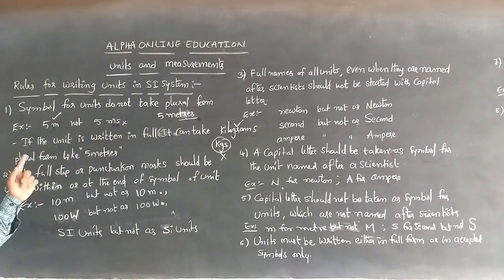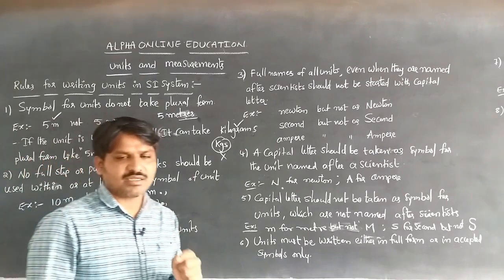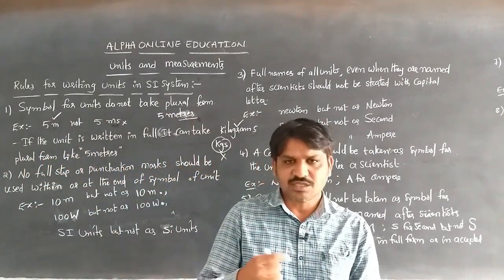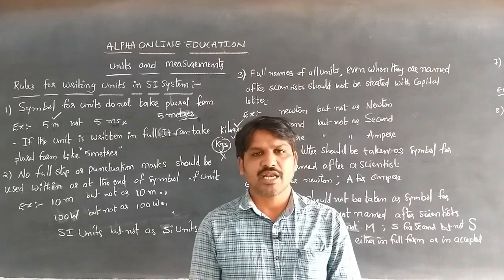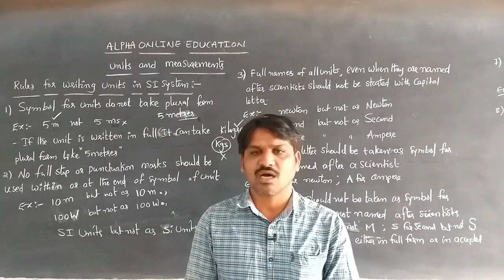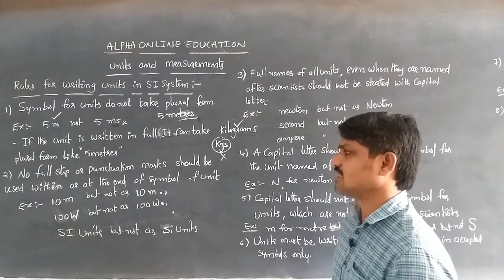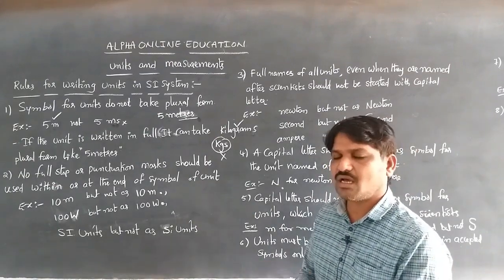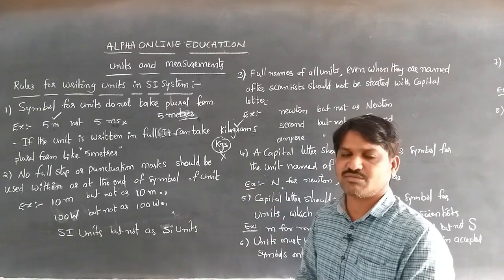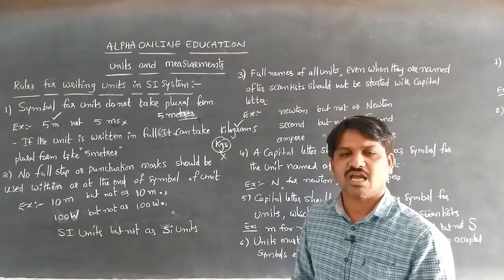The next rule is that whenever we are writing units, no full stop or punctuation marks should be used within or at the end of the symbol. For some examples, we write 10 m, but not 10 m. with a punctuation mark and full stop.